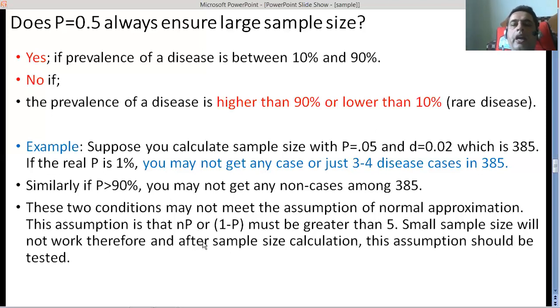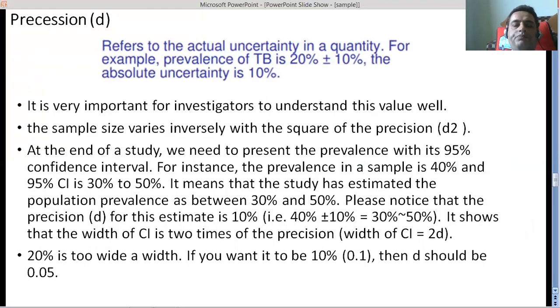You have the value of P and you have N, so you just multiply N with P, and N with 1 minus P. You can easily figure out whether the resultant value is more than 5 or less than 5. If it is less than 5, it means your study is faulty and this sample size is not suitable for your study.